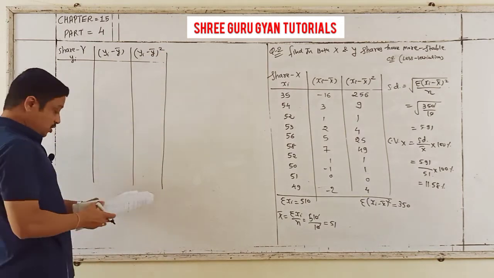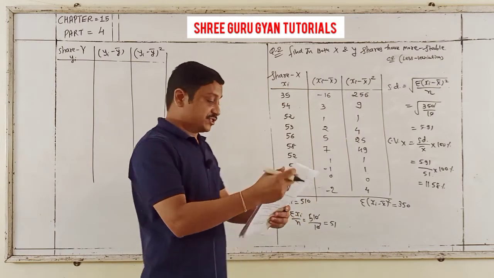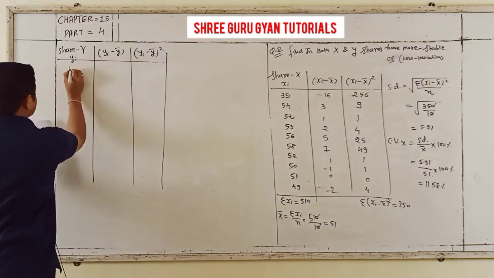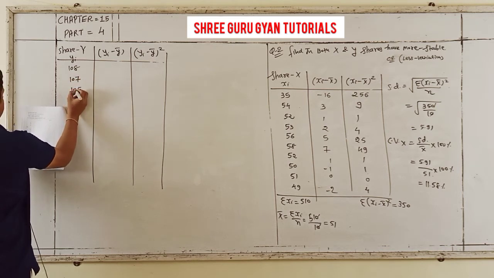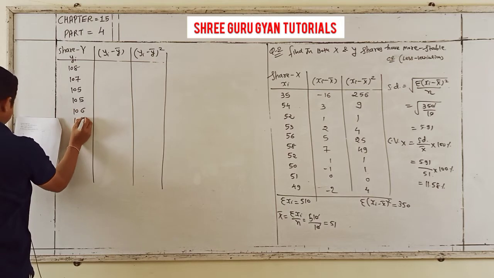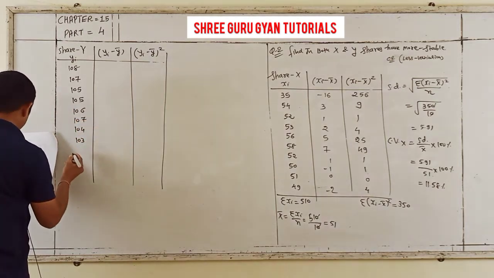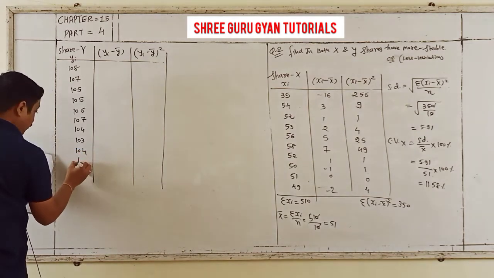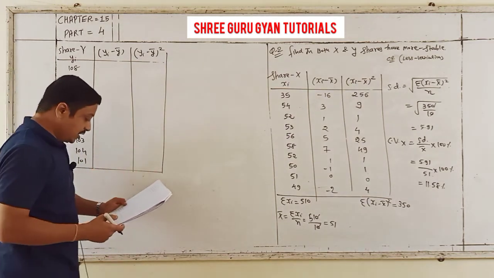That type. So the observations in yi, total observations given: 108, 107, 105, 105, 106, 107, 104, 103, 104 and 101, and you make, students, total additions.